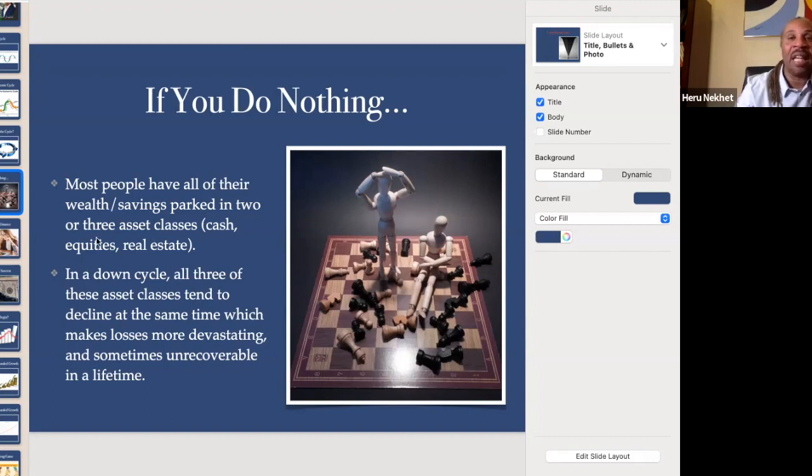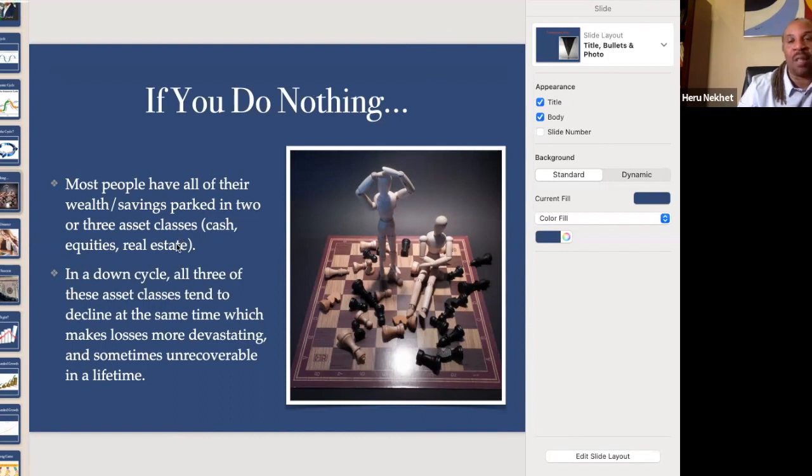And when I say equities, even if you don't have individual stocks, you probably have a 401k or a mutual fund or an index fund or something like that. That's equities, right? So if you have an ETF, a mutual fund, an index fund, a 401k, a TDA, an IRA, then you're in equities, whether you knew it or not, right? That means that's where your money is making its money.